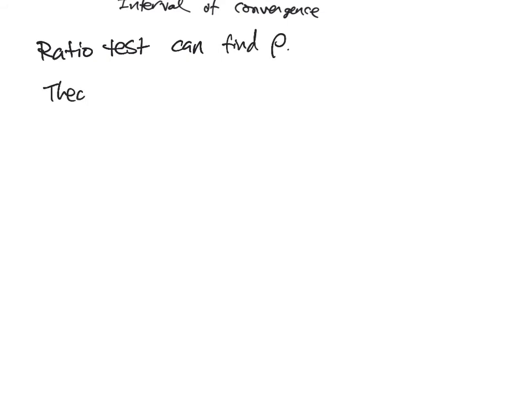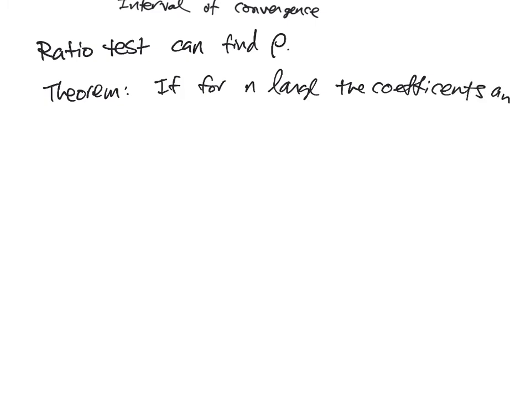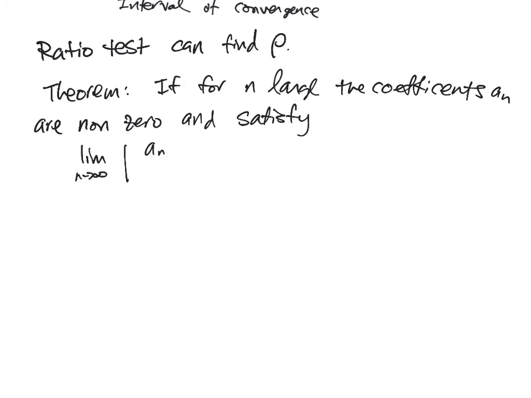So this theorem says if for n large, the coefficients a_n are non-zero and satisfy this, so you take the ratio of adjacent coefficients and see where that goes as n goes to infinity.